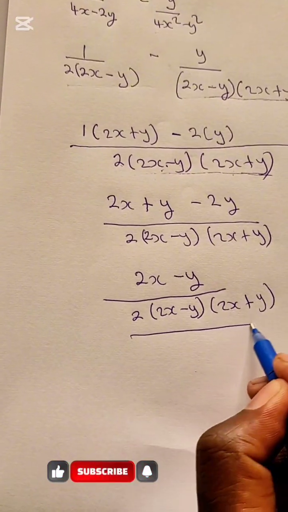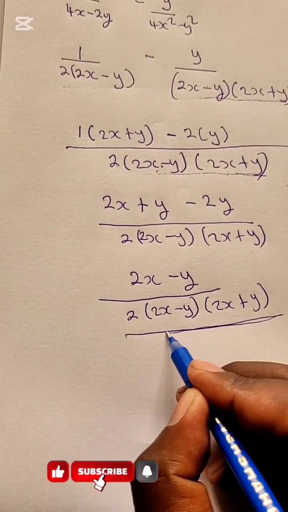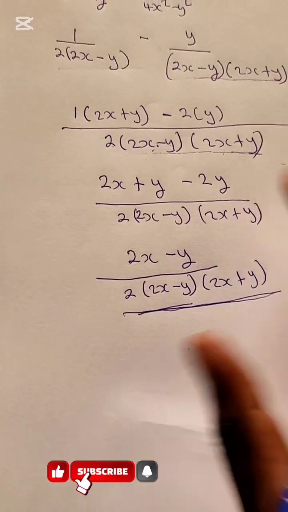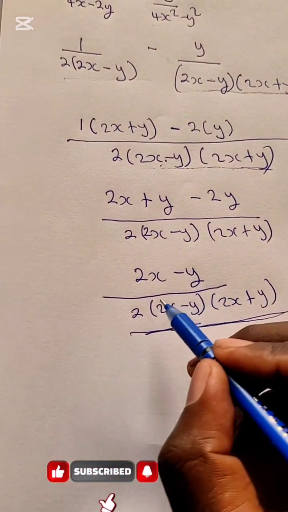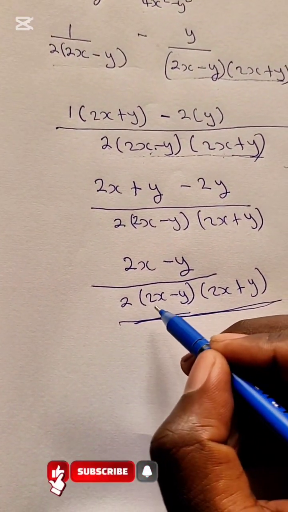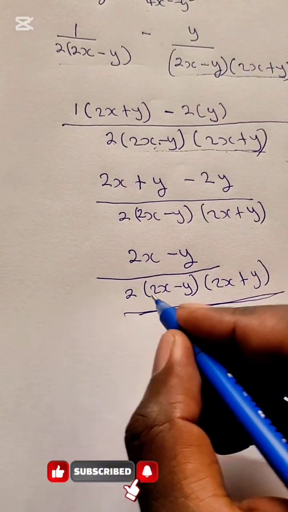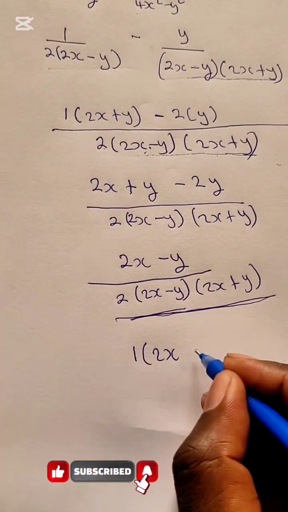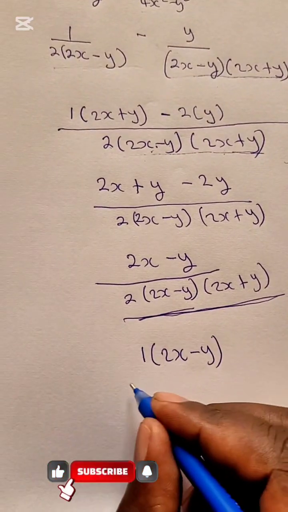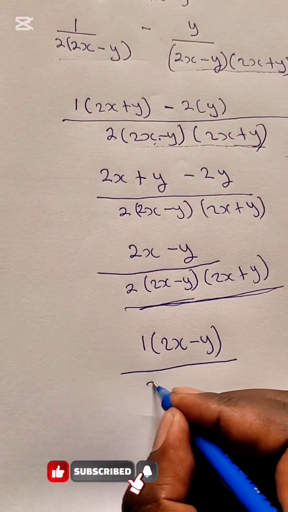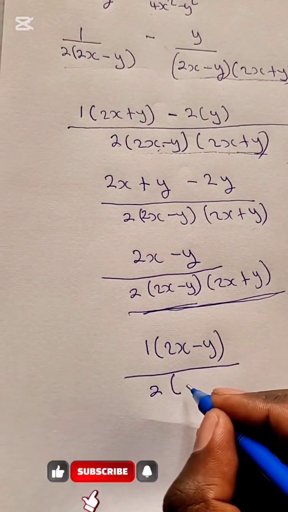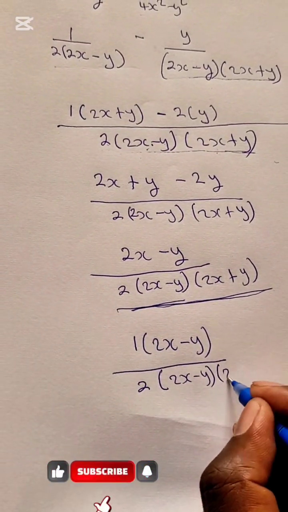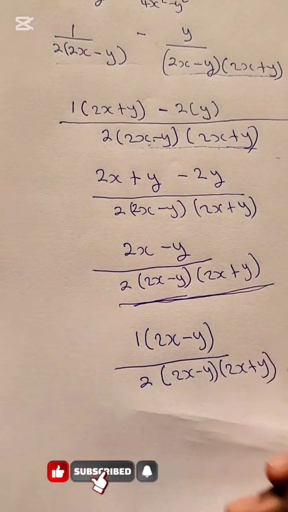So that's our final answer. Or we can further simplify it as 2x minus y over 2x minus y. Okay, so this one is common right here, so it's now 2x minus y all over 2 bracket 2x minus y, then 2x plus y.